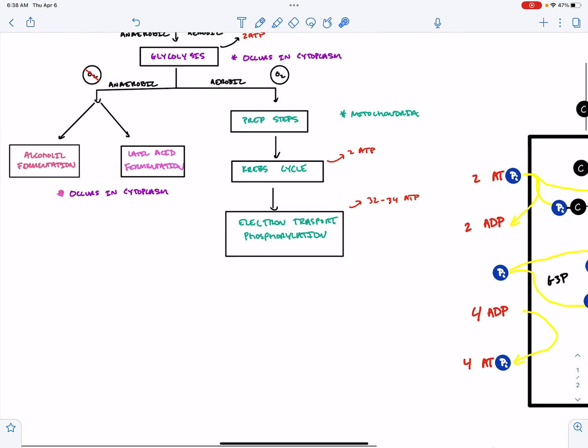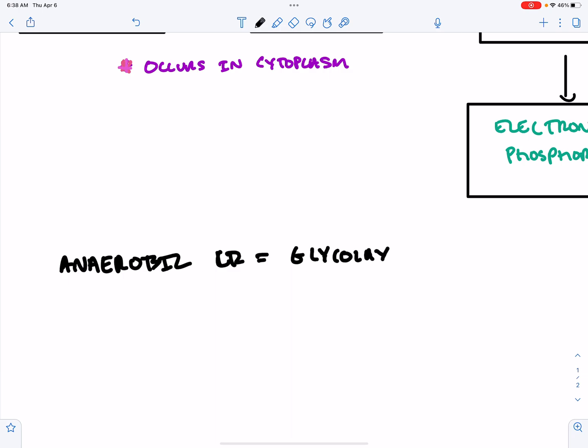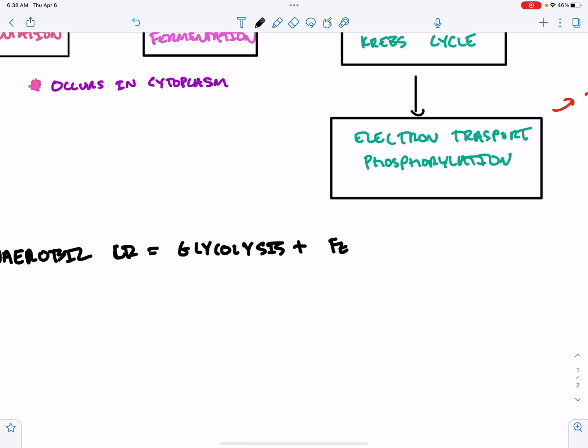So, anaerobic cellular respiration is equal to glycolysis plus fermentation.